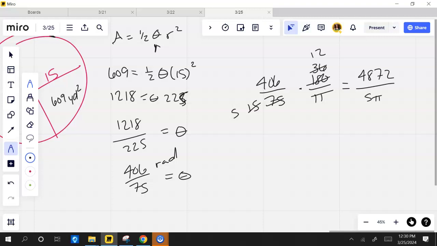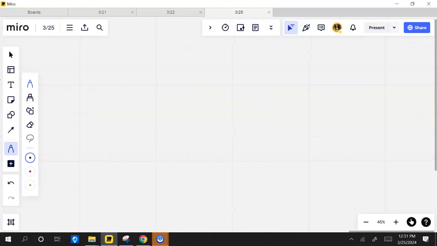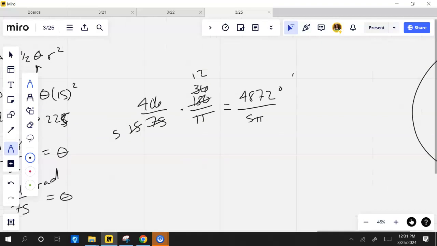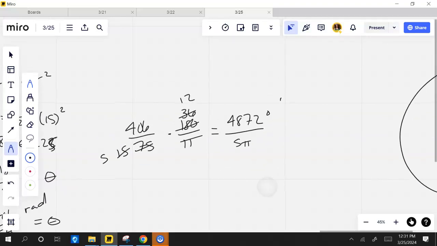That's my angle. Oh, degrees. We'll do 16, then we'll do 19. 16. 4872 over 5 pi.